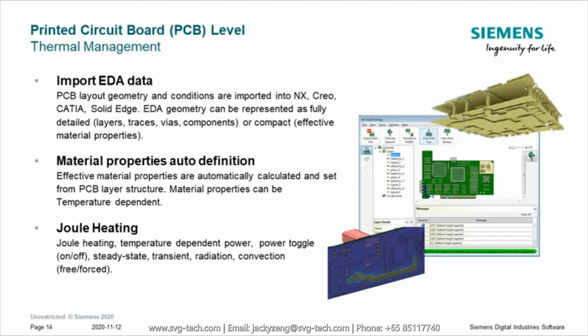You make these choices in the EDA Bridge, filtering out devices, making choices about how you want the board itself to be modeled, having the optimal type of representation of that board for your analysis needs. That includes being able to do things like joule heating, and that impacts some of those choices you make. You may decide to include various traces explicitly, but then for the rest of the board, model it in a different way.